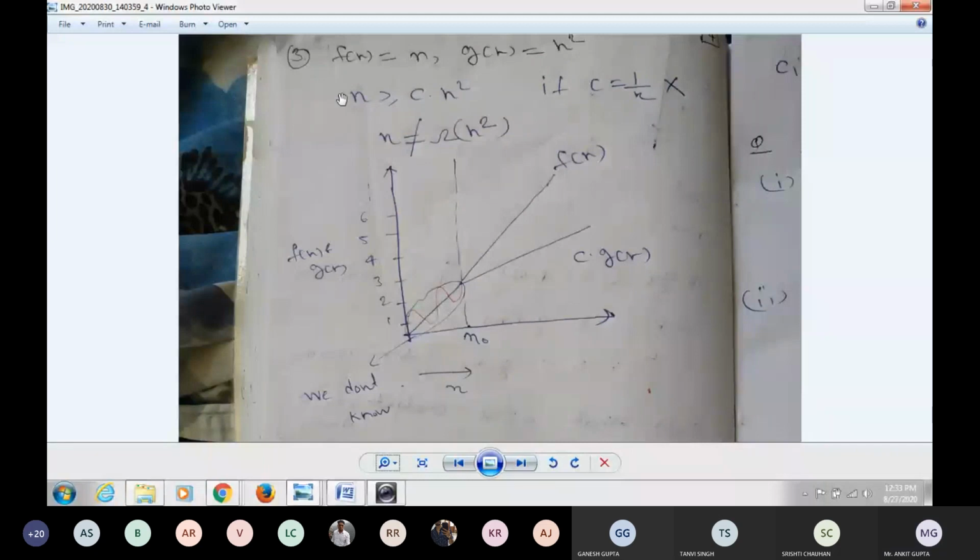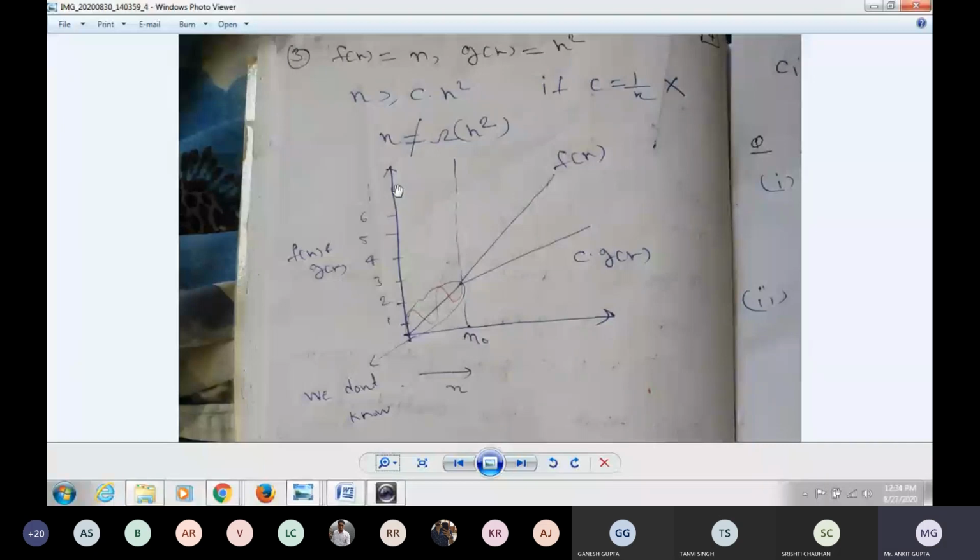But this can never be true unless I take the value of c as 1/n; otherwise it will be false in all conditions, because c is only a positive constant, that is 1, 2, 3, 4, not a function. But if I take c equal to 1/n, I cannot take this because it is a function. So this is never true in big omega notation.